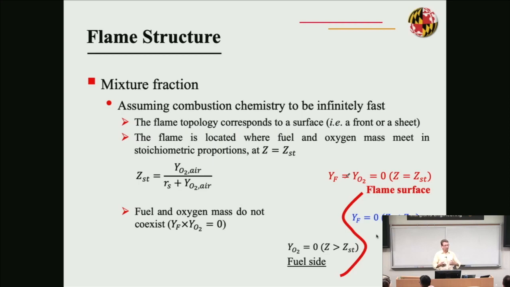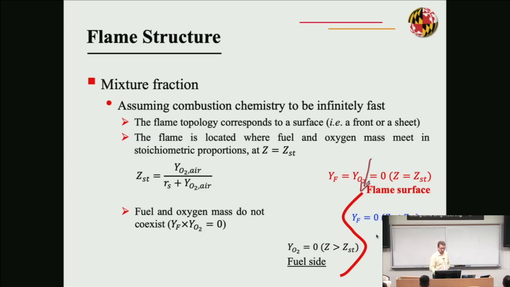A turbulent flame can be viewed as a flame that is distorted, wrinkled by convective motions, but if you zoom in on a piece of a turbulent flame, it looks like a laminar flame. So the description of laminar or turbulent diffusion flames is based on an understanding of the effect of mixture fraction.